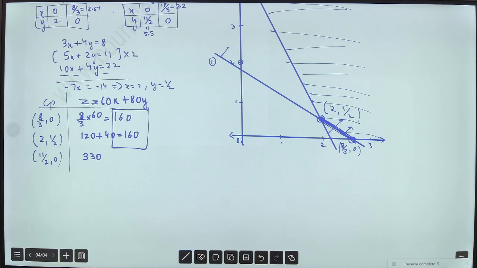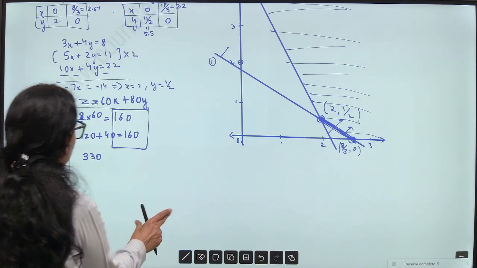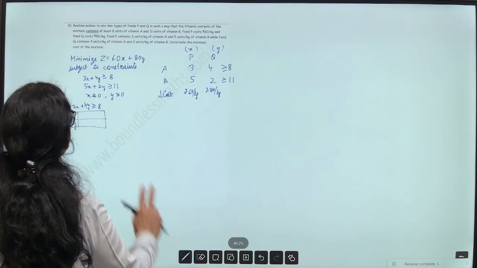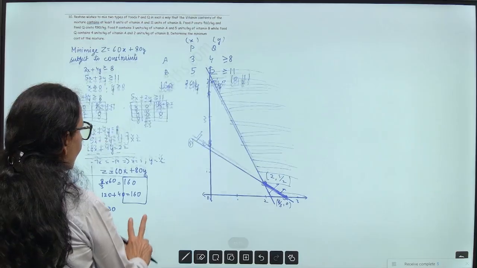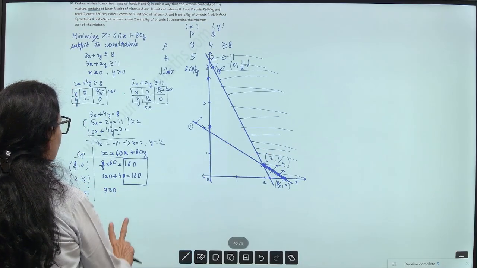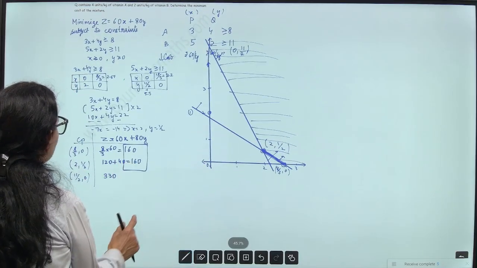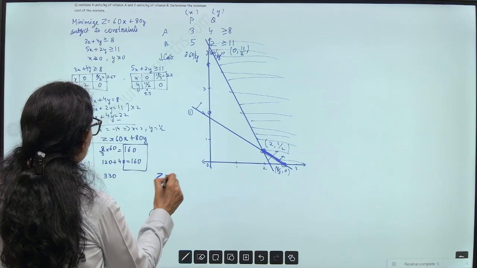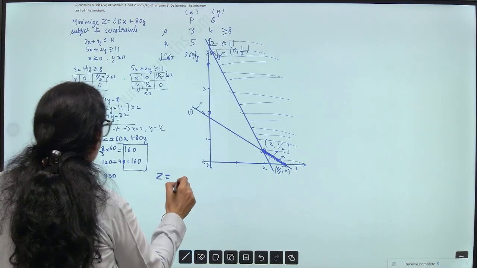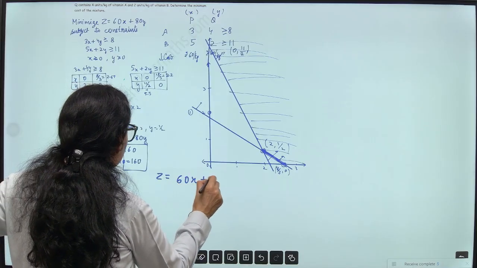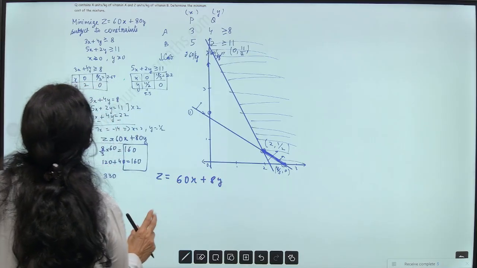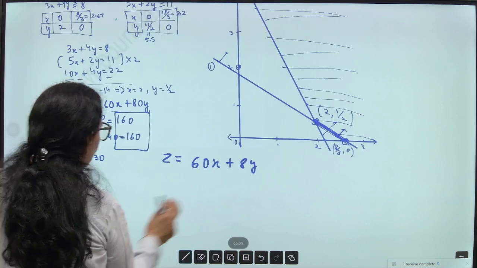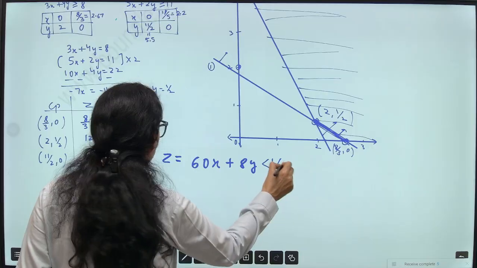Let's look at the objective function also. Now the objective was to minimize this function subject to these constraints. Because it is unbounded, we have found the minimum value, and now we need to plot the objective function also using this minimum value. It was 60x plus 80y, and because it was to be minimized, we write the inequality less than 160.